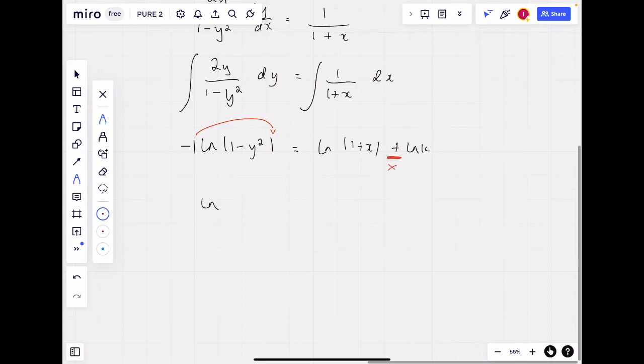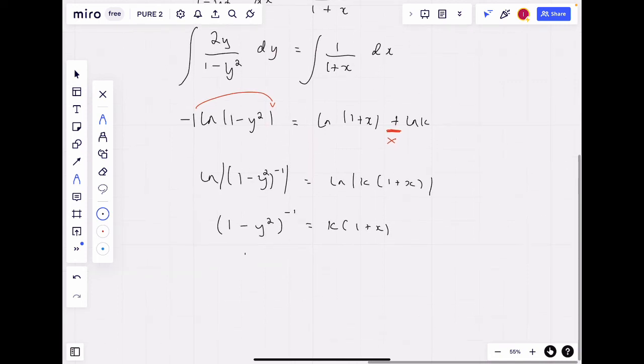So ln(1 − y²) to the power of minus 1 equals ln k(1 + x). Now that we've simplified, with ln on both sides, we can get rid of it. So (1 − y²) to the power of minus 1 equals k(1 + x). I can rewrite this as 1 over (1 − y²) equals k(1 + x).